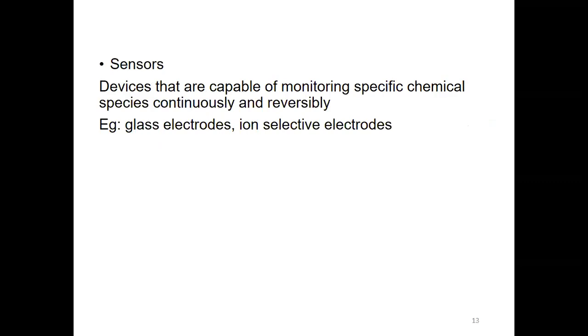And the sensors. In most cases, there are sensors. Sensors can be biological sensors or chemical sensors, but we are interested in chemical sensors. It is also a kind of detector, but it is a device which has the ability to monitor specific chemical changes.